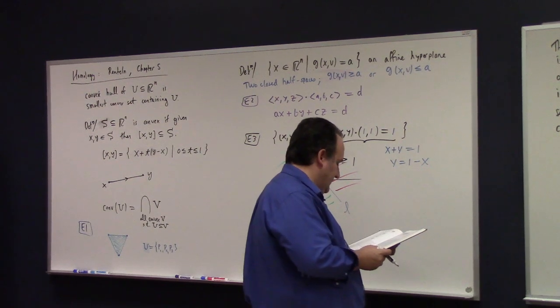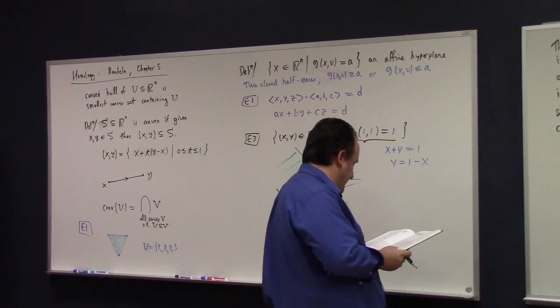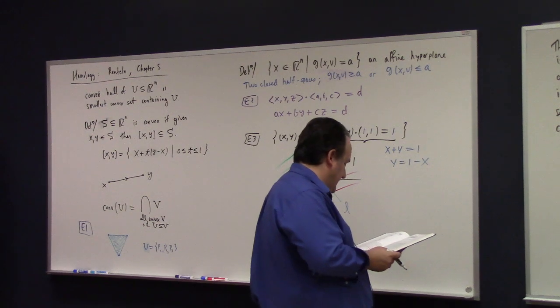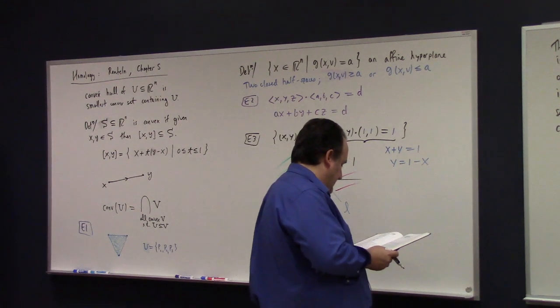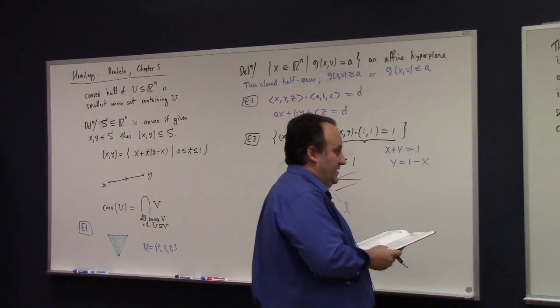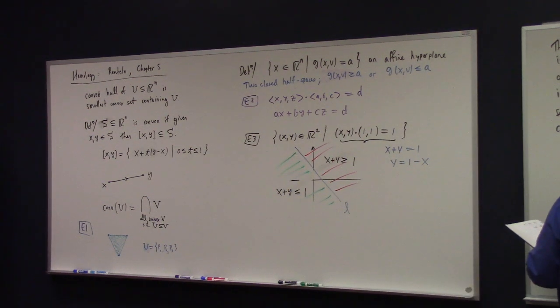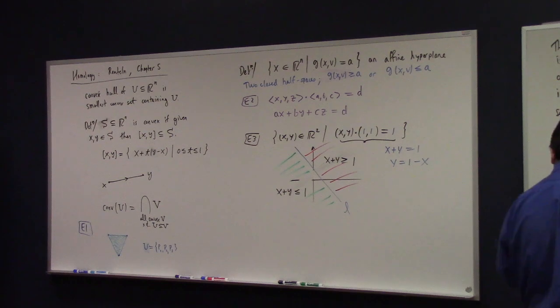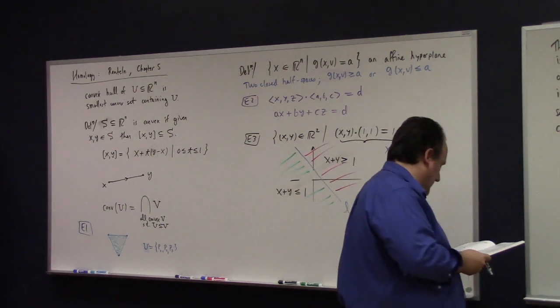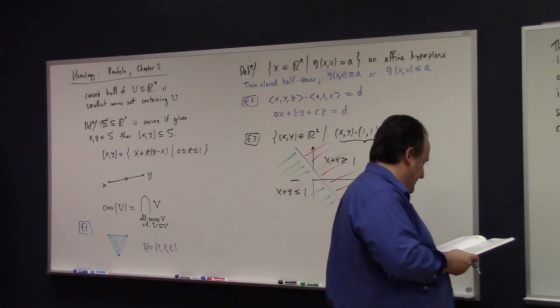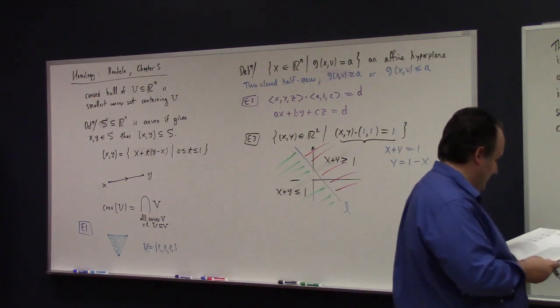He says the definition allows for F equal to P. All other faces are proper. So if F is not equal to P, then F is a proper face of the polytope. The dimension of the face, what do you think we should define that to be?